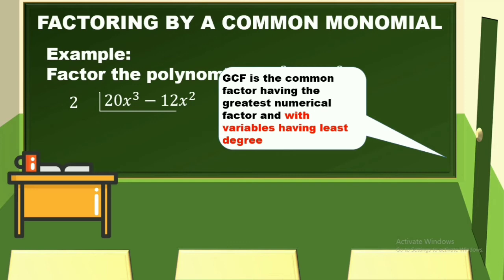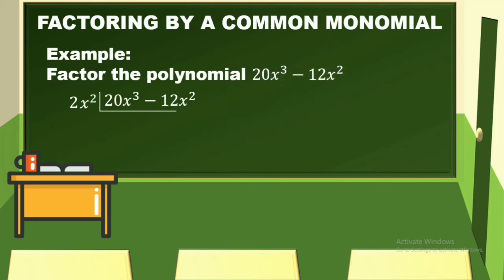If we have x as the variable of 20 and 12, in this case, to get the common factor, we will copy the variable with the least degree or exponent. So, sino sa kanila ang mayroong maliit na exponent? Si x cubed or si x squared? Yes, that is x squared. You get it now? Now, let us proceed.